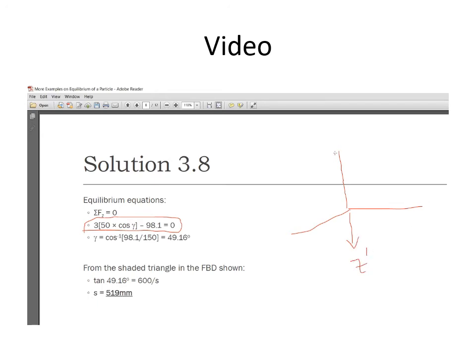This is the negative z axis, this is the positive z axis, this is the y, and this is the x. So here we can calculate gamma, and the value is 49.16.